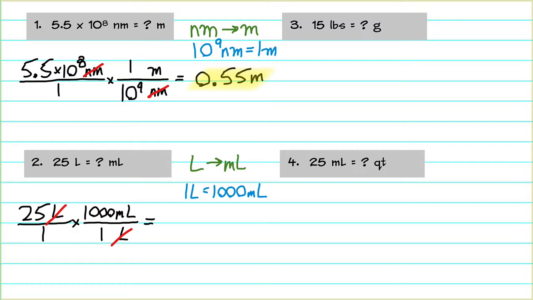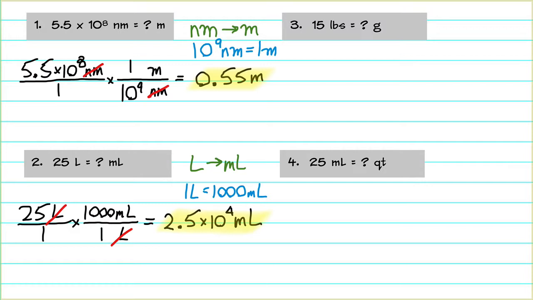And the final answer ends up being 2.5 times 10 to the power of 4, and that is in milliliters. Okay, I need to stop and check significant figures, and I'm starting with 2, and I am ending with 2, so that is good to go.